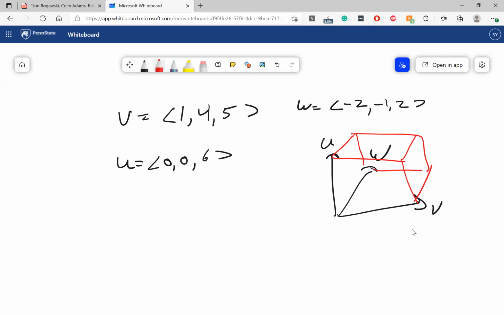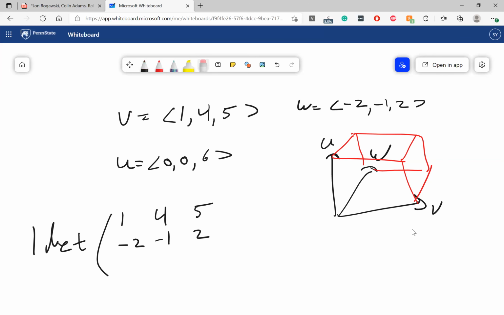Okay, so we know that this is the absolute value of the determinant of 1, 4, 5, -2, -1, and 2.